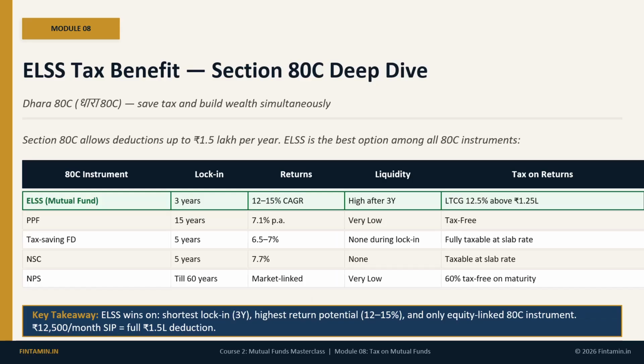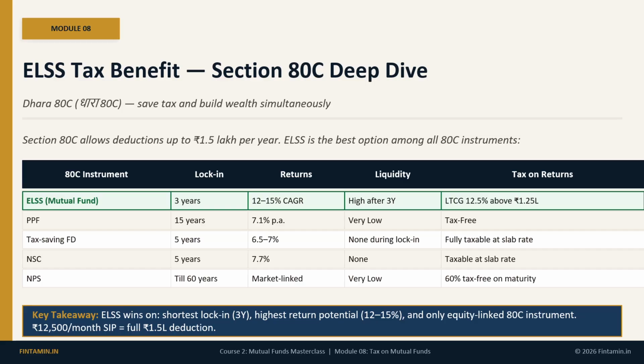ELSS and Section 80C. Let me compare ELSS to the other popular 80C instruments to show you why it is the best option for most working professionals. PPF, Public Provident Fund, gives 7.1% interest, tax-free maturity, but 15 years lock-in.